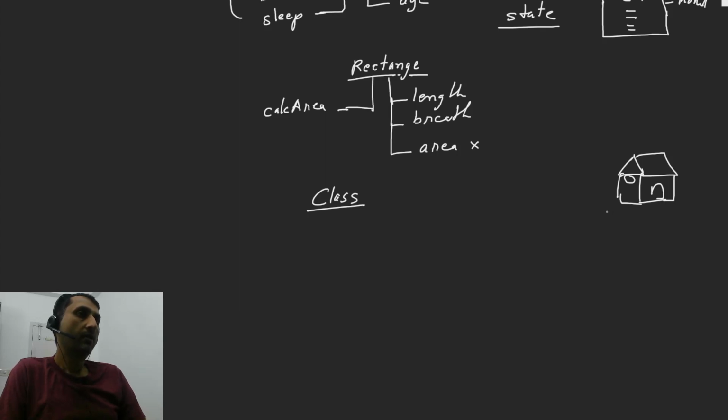So in that case, what we need here is a blueprint. If you see, every house has got some plan, some maps like this.